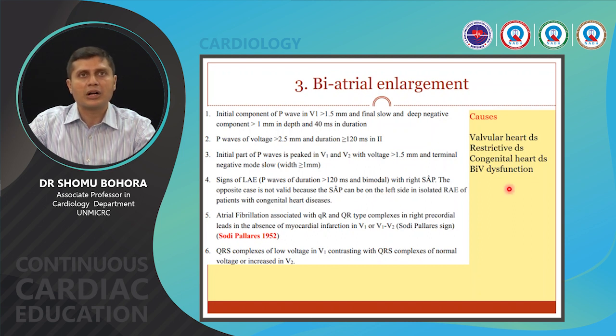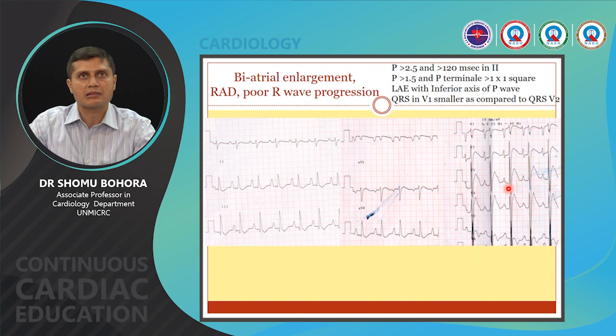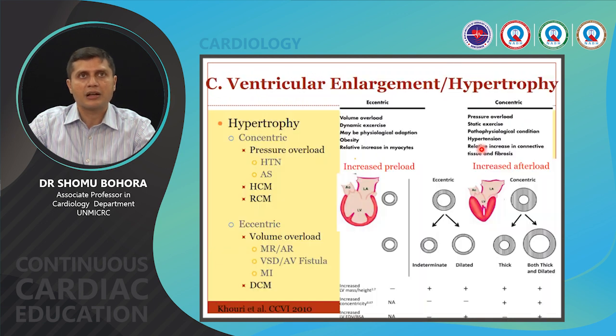It is very important to understand that biatrial enlargement, if present, suggests biventricular disease or bivalvular disease to a certain extent. In this example, there is a peaked P wave in lead 2 which suggests right atrial enlargement, and a P terminal force of more than 1 by 1 in V1 suggests left atrial enlargement.